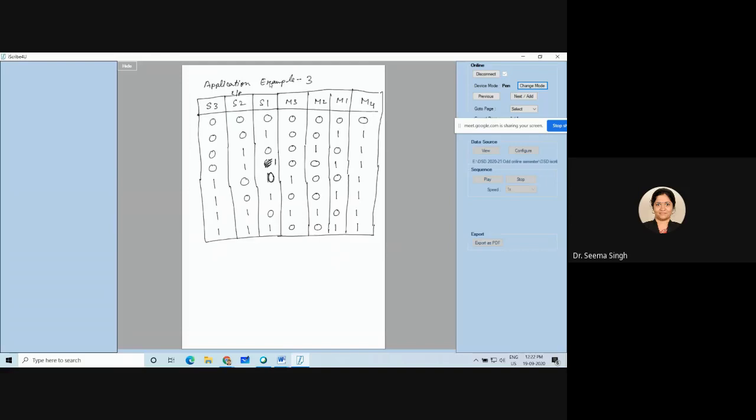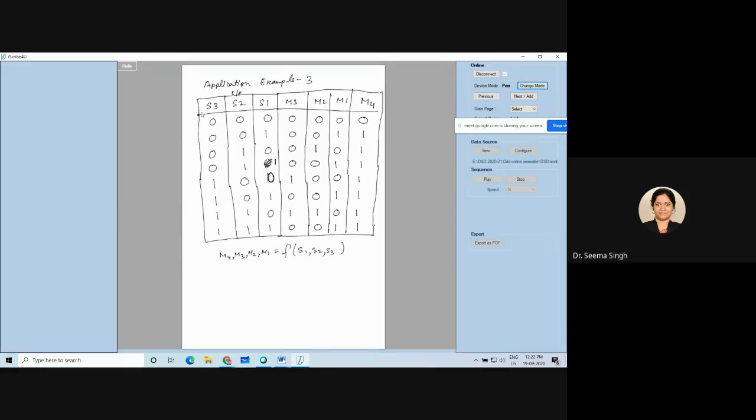And you know this question is M4, M3, M2, M1 as a function of the inputs, that is S1, S2, S3, right? So in the beginning only we saw that the sensor 1 column and the M1 column are the same. It will not bother about anything else.